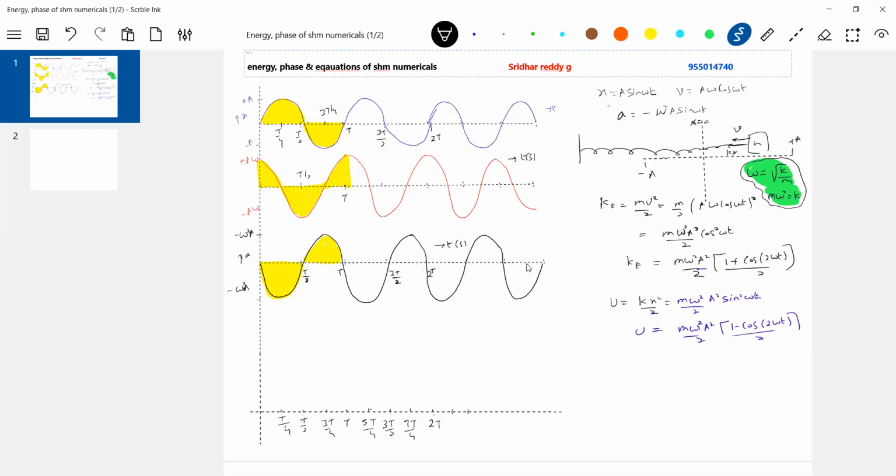After 2T, it will be 5T by 2, 2.5T. Then 3T it will come. Okay, this will be 3T. Okay, we have to plot the graph. First kinetic energy. Let me plot kinetic energy.